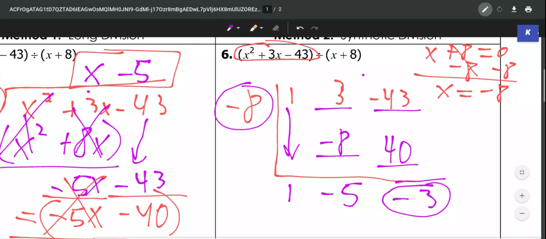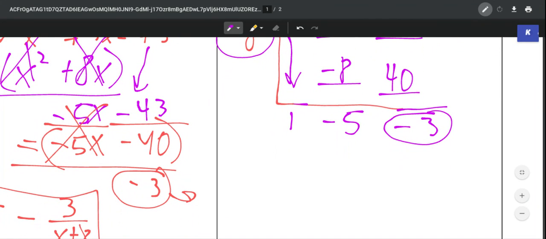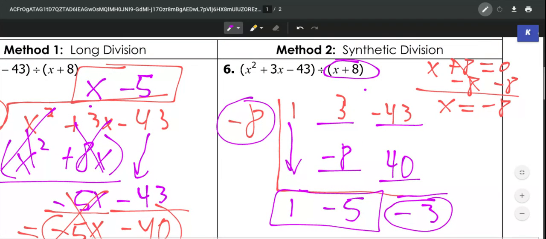The reason that's important is because your remainder always goes over the number that you're dividing by, this binomial that you're dividing by. Now, a big thing here is when you rewrite these two numbers, go back to your original trinomial that you were dividing.